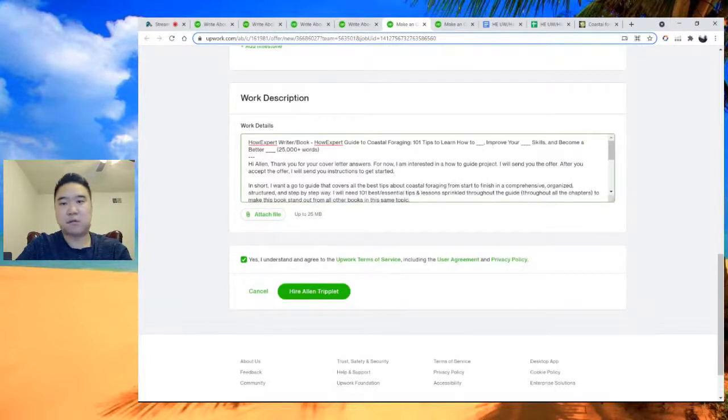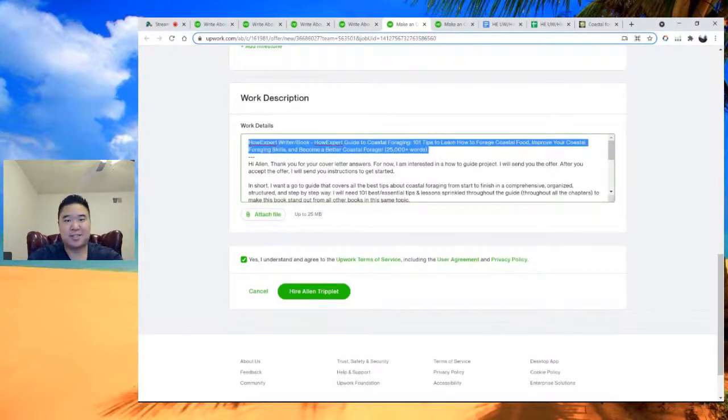Learn how to forage coastal food, improve your coastal foraging skills, and become a better coastal forager. Yeah, that's just a basic.